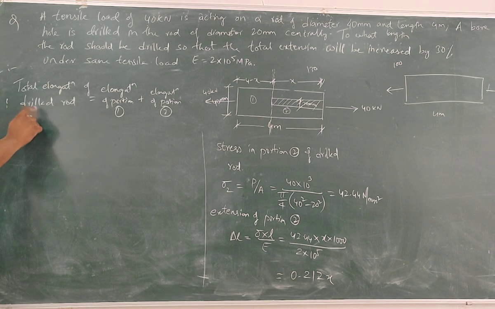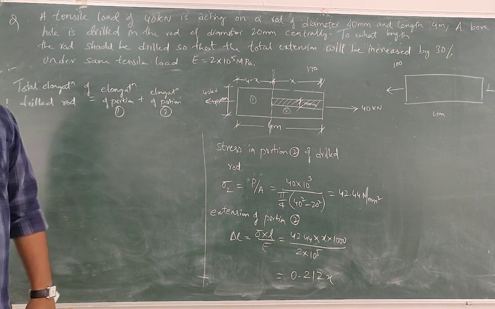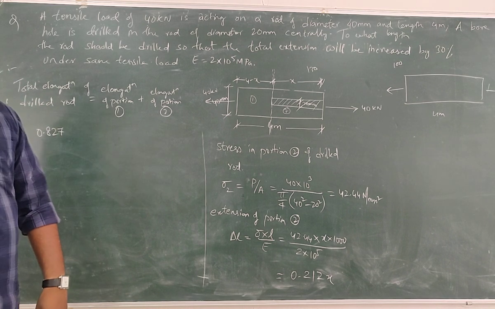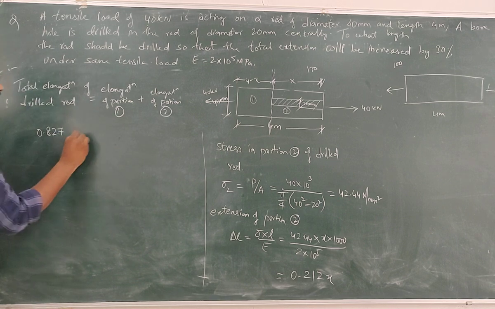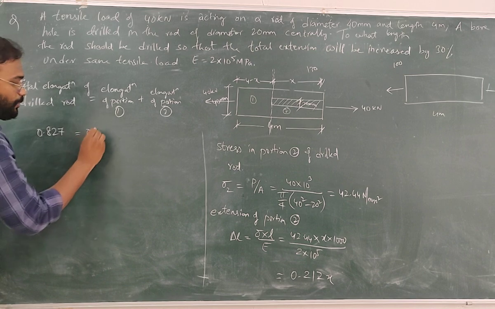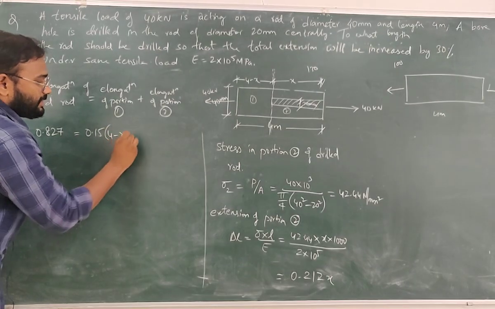Now what is the total elongation of the drilled rod required? 1.3 times the elongation of the complete rod. Okay, the drilled rod elongation required is 1.3 times the elongation of the complete rod. Now what is the elongation here? 0.827. That is the answer, 1.3 times 0.636. 0.827 is equal to, what is the elongation of portion 1? 0.159 into 4 minus x.